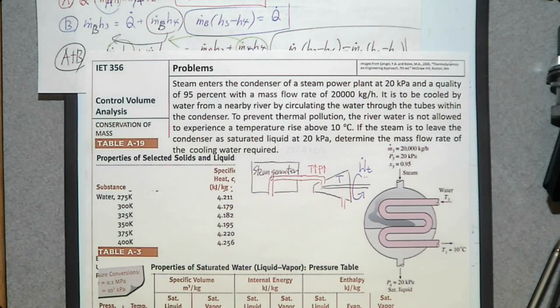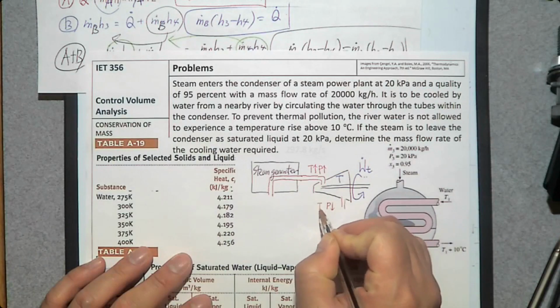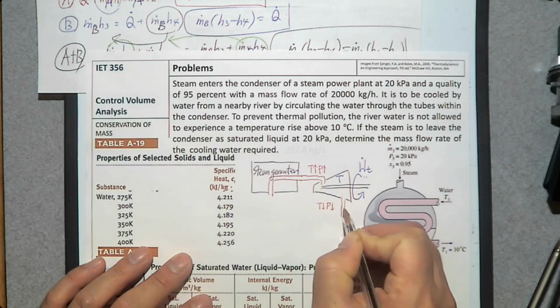Useful high temperature, high pressure steam? Not anymore. Now the steam has lost most of its energy. So a low pressure, low temperature steam exits this turbine.